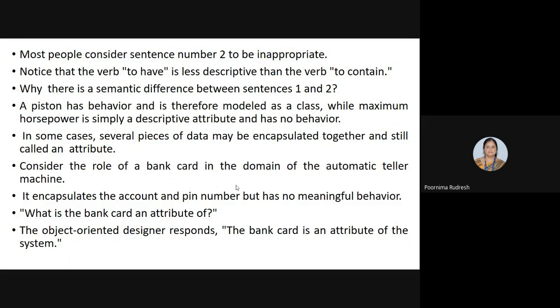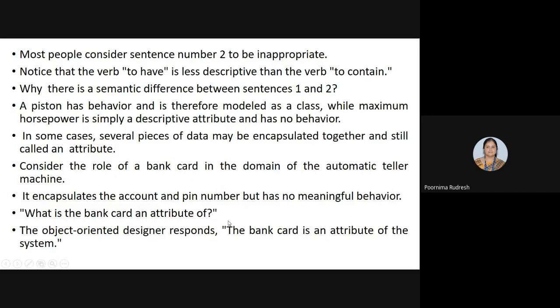So here the bank card consists of two or more pieces of data, several pieces of data encapsulated here. It consists of the account holder name, the card number, the PIN number and the validity.